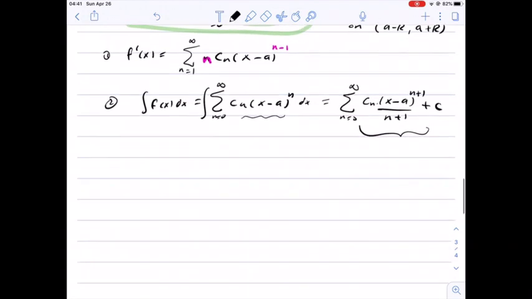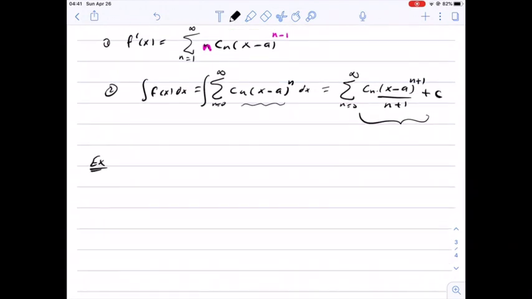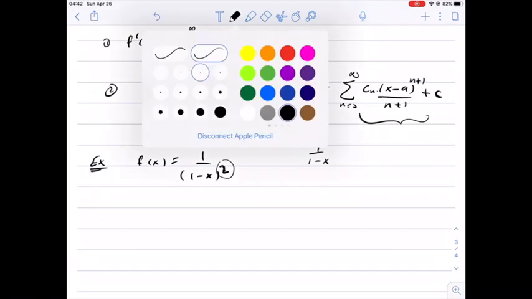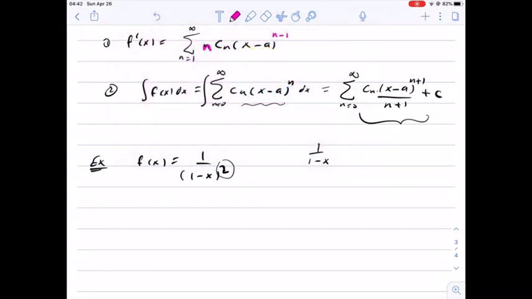So for example, if we have the function f of x equals 1 over 1 minus x all squared, as we can see, it's not easy to compare this to 1 over 1 minus x because of the square here. So how do we do this? We need to think of either integration or differentiation.